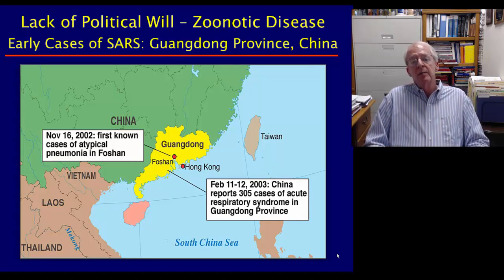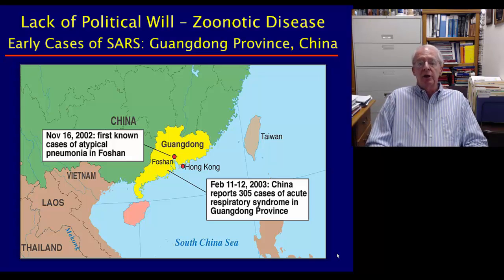Another dramatic example of the impact of lack of political will was provided for an emerging zoonotic disease involving the early cases of what came to be called severe acute respiratory syndrome, or SARS, which emerged in South China at 2 different locations in Guangdong province in November of 2002.